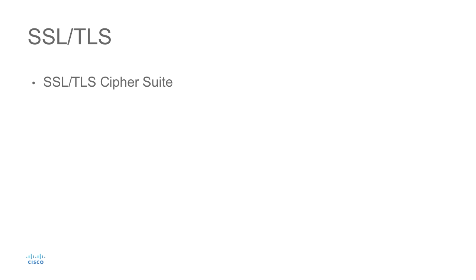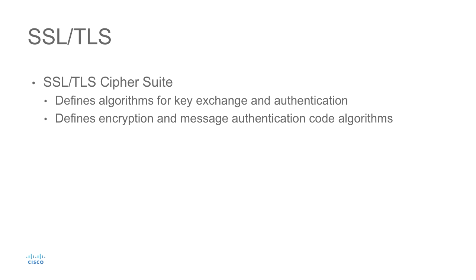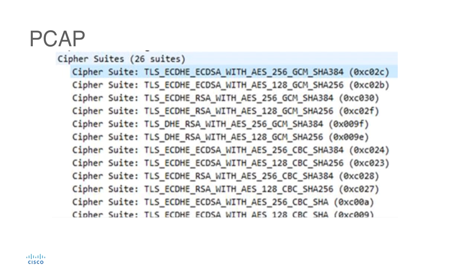Now the SSL/TLS cipher suite defines algorithms for performing key exchanges, for doing authentication. It defines encryption, as well as message authentication code algorithms. This is a PCAP of an SSL negotiation, just a small snippet of it.